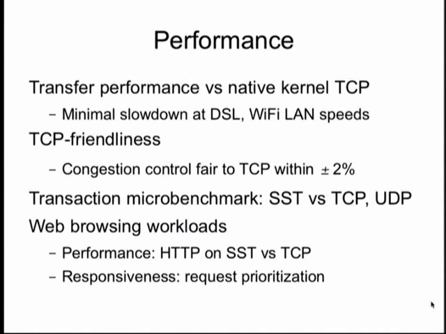It performs reasonably well over DSL or Wi-Fi kind of speeds. But if you want to run it on gigabit Ethernet or something, we'll probably want a more efficient kernel-level implementation. And it's TCP friendly, which is no surprise because it more or less implements TCP congestion control.